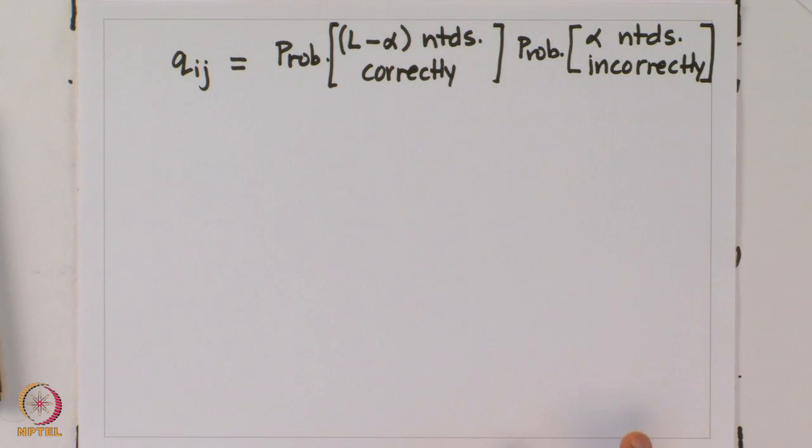This is where the binary nature of the DNA string that we have assumed comes to help us, because sequences i and j differ at alpha number of positions, and if DNA was not being treated as binary, and suppose at a particular position sequence i had A and sequence j had T, then if A was copied incorrectly in sequence i, then the incorrectly copied progeny could have had T, G or C. But because we are interested in only generating sequence j as a progeny, that means we want A to be copied to T. We are interested in computing the probability that of all the errors that could have happened, which could have happened three ways, A going to T, A going to G and A going to C, we are only interested in 1/3 of the errors that happened if DNA was treated as it exists in nature.